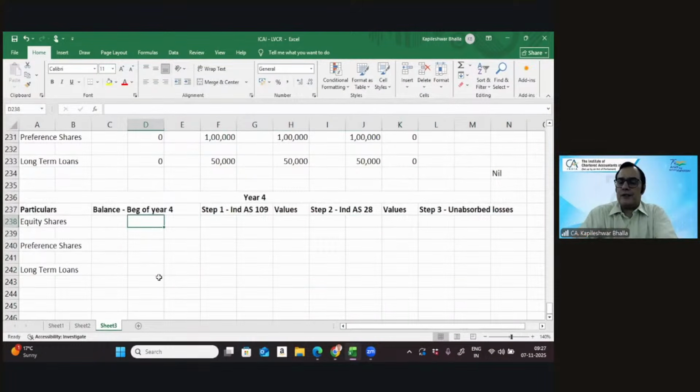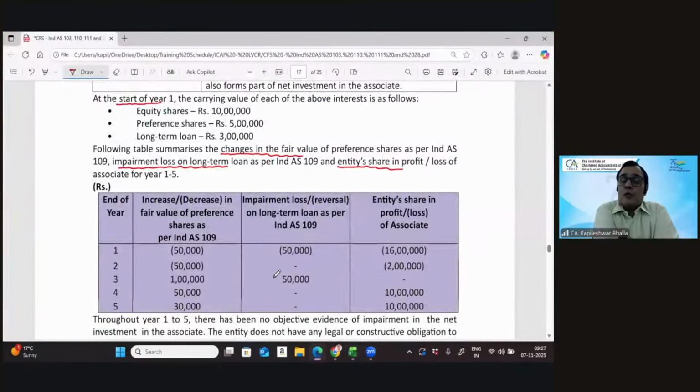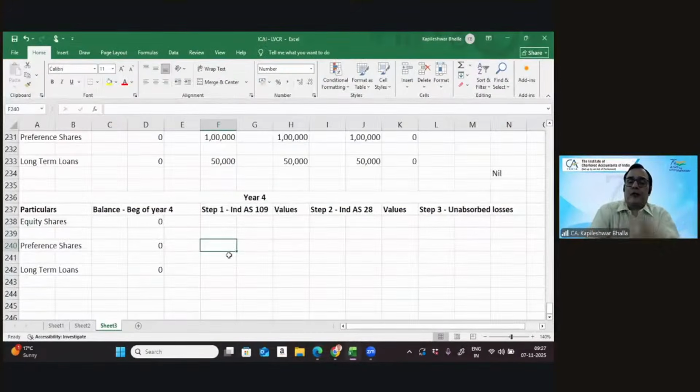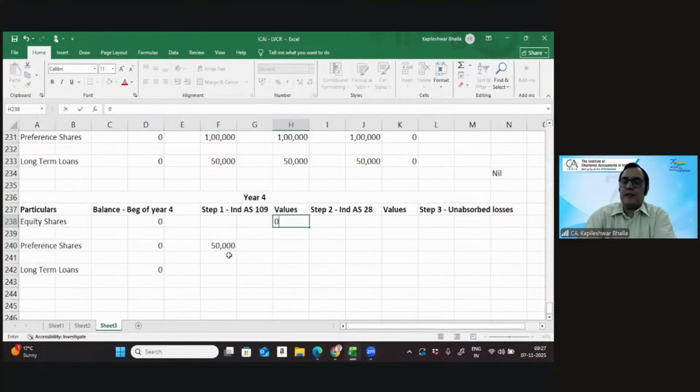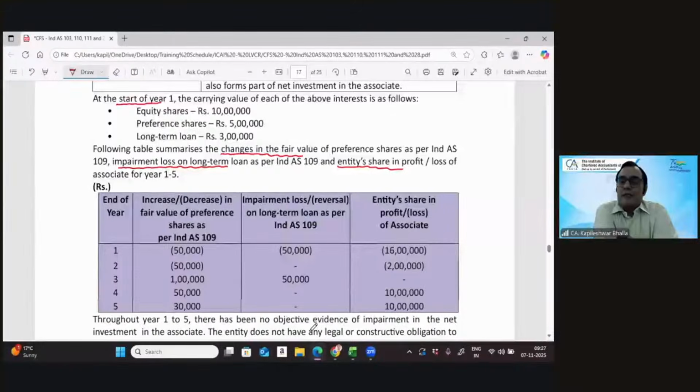Now let's come back to 109. Now there is a fair value increase of 50, but no impairment or reversal. So 50,000 is the fair value change. So the value of the investment is 0, the value of the investment is 50,000, and the value of the investment is 0. Now we go to the Index 28.